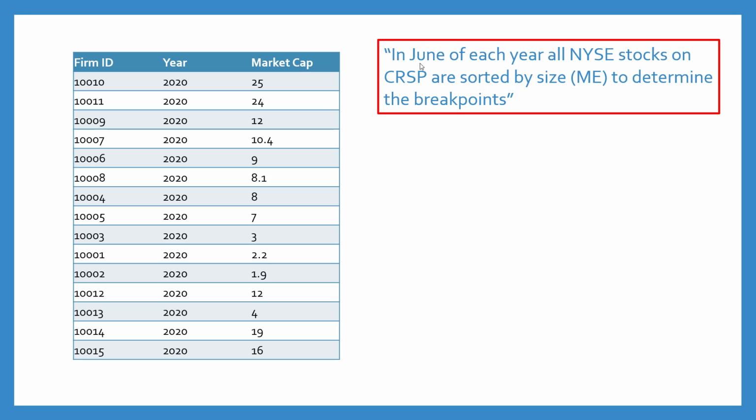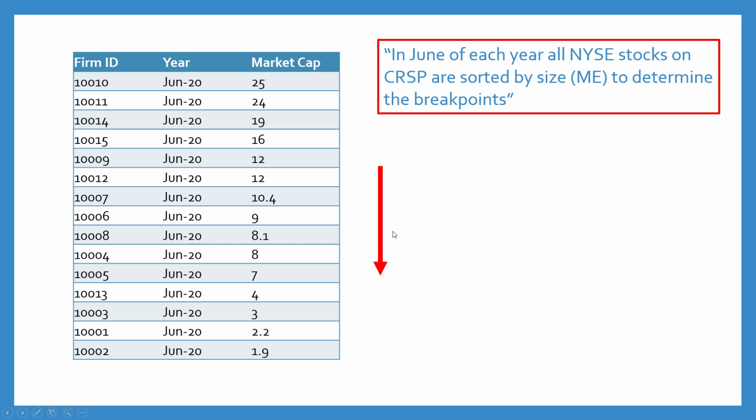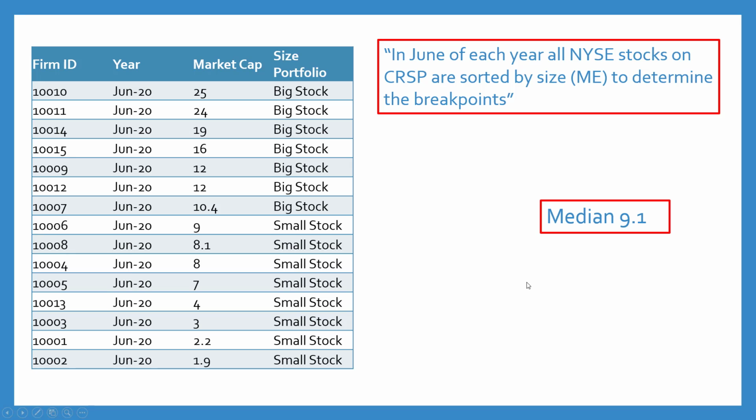The second thing is that portfolio construction, specifically on the basis of size, would be done in June. So we take the market capitalization from June of each year, right? Not December, not any other month. We sort them in descending order on the basis of market capitalization, and we divide them into two portfolios on the basis of the median.